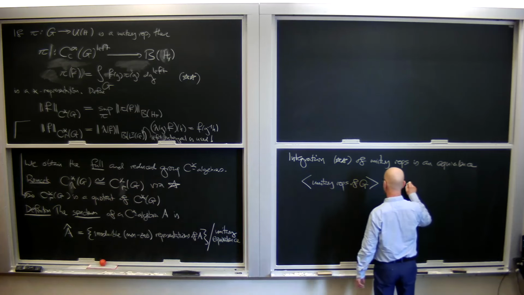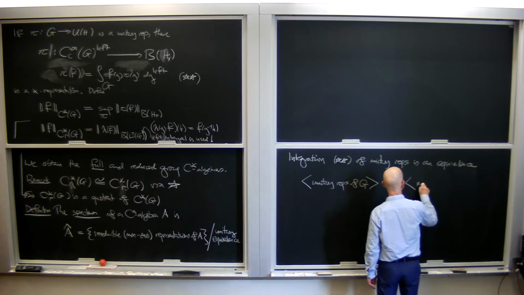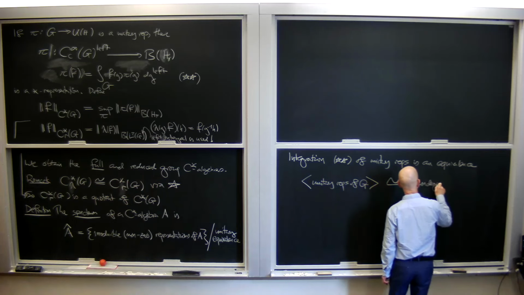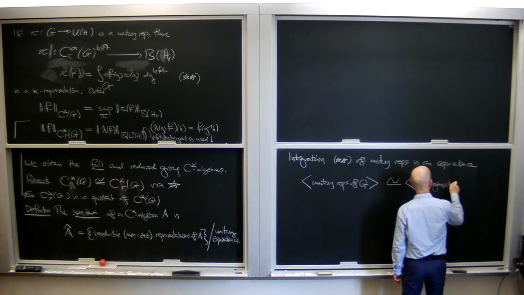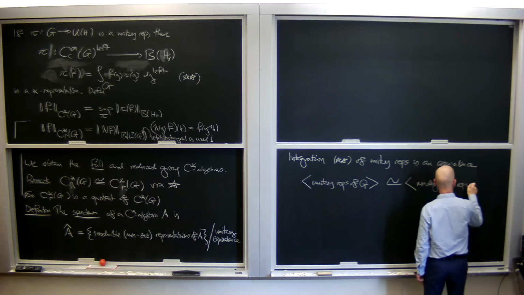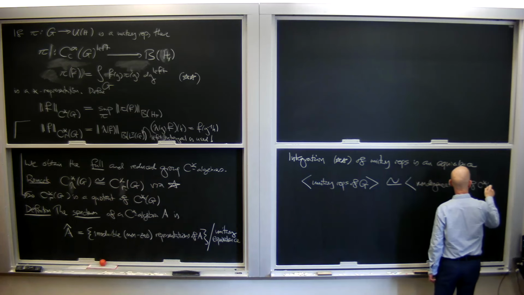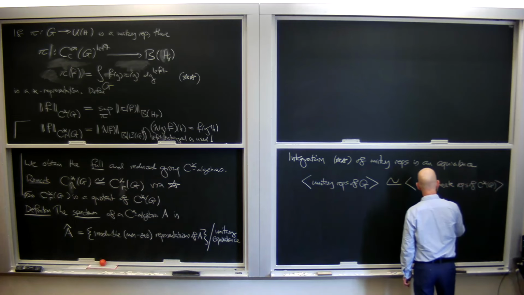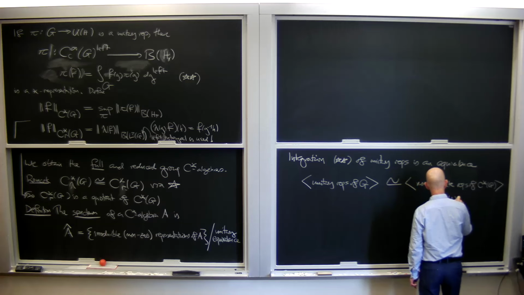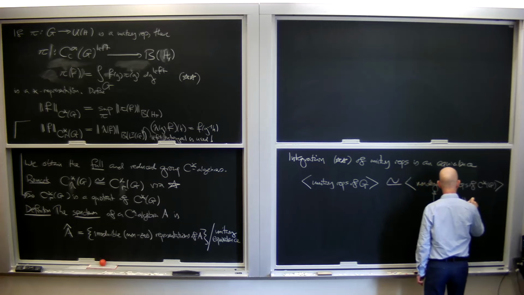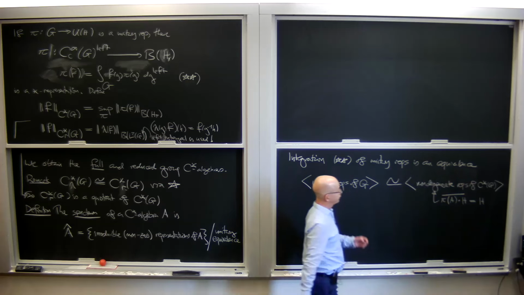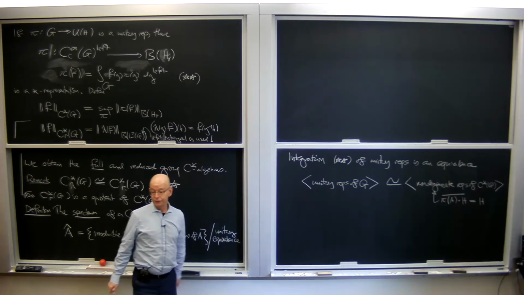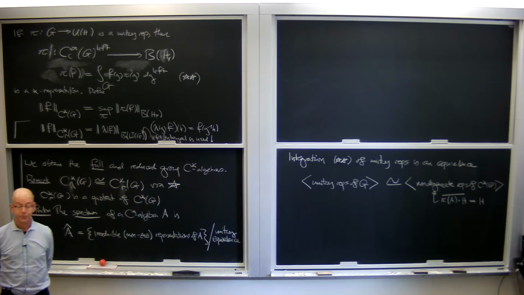This category is equivalent, in fact, isomorphic to this category here, consisting of non-degenerate representations of C star G. And this word non-degenerate in general means that there's no part of the Hilbert space on which A acts just as zero operators like that.